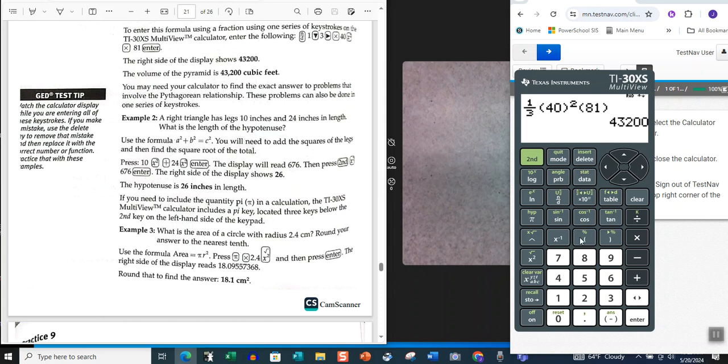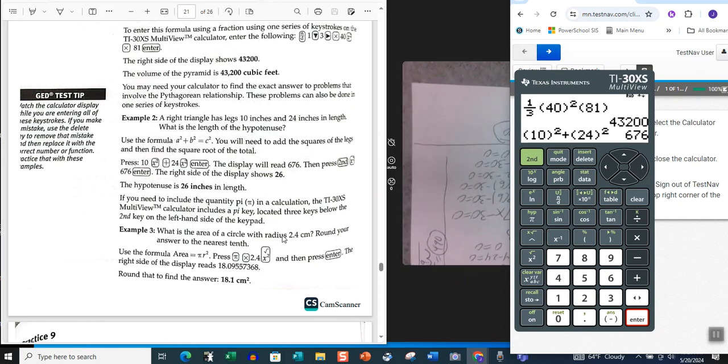So what we would do, we'll put our parenthesis, and we'll put 10, close our parenthesis, make that squared, plus the 24, put that in a parenthesis, close our parenthesis, and make that squared. Now that would take care of the A and B, which would give us 676.